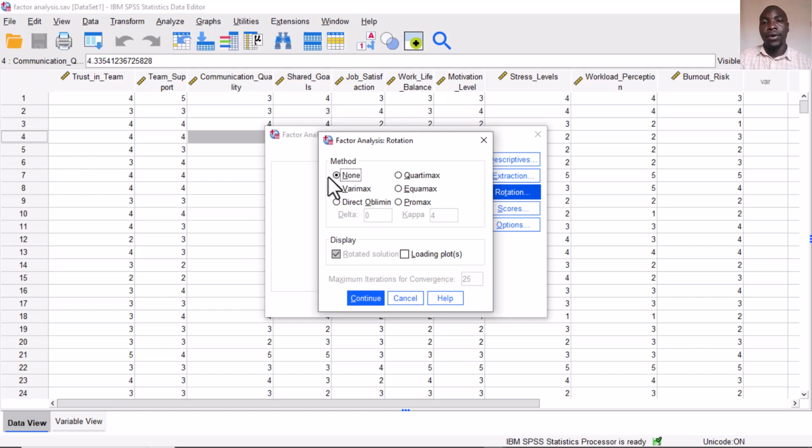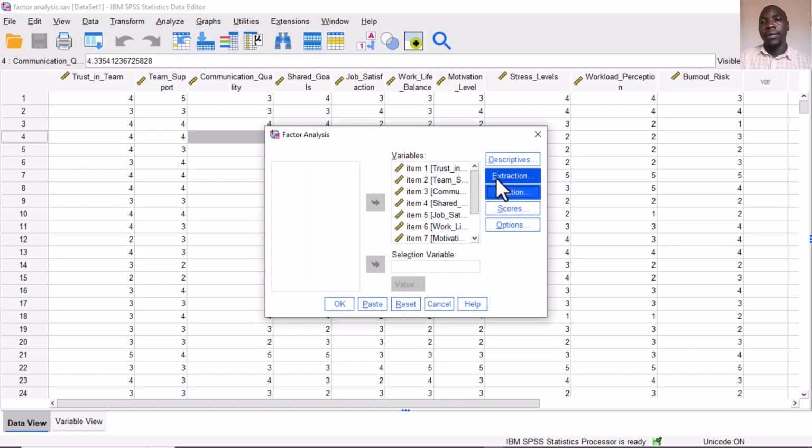The orthogonal, there are these three, which assume that there is no relationship between the factors that are extracted. Then we also have the oblique approaches, which assume that the factors extracted are related in some way. So let us see what is extraction and rotation.